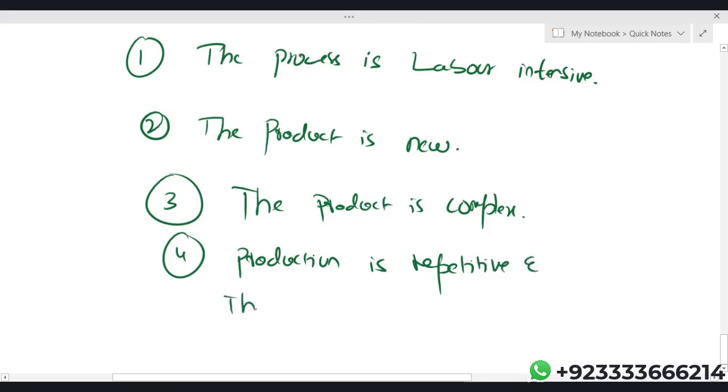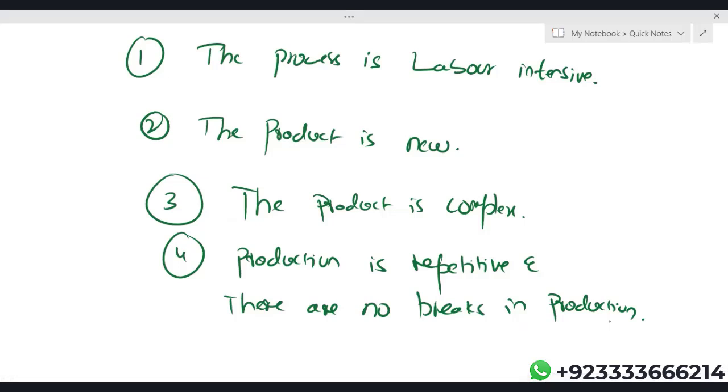Basically, learning curve assumes that the production is repetitive and there are no major breaks.